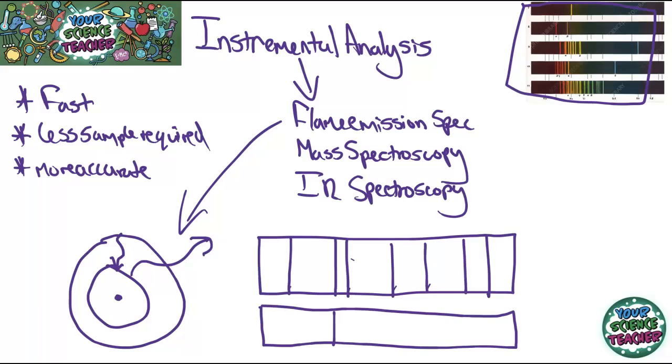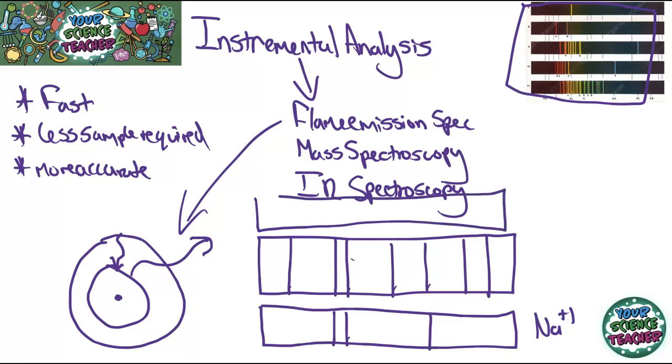For example, these two lines here and this, that could be sodium. And there could be another metal in there as well. I'll draw another one. It could be that it has a bit of lithium in there as well, and lithium might correspond to these two lines, and this one here, and this one here, and that would be a mixture of lithium and sodium present inside my mixture.